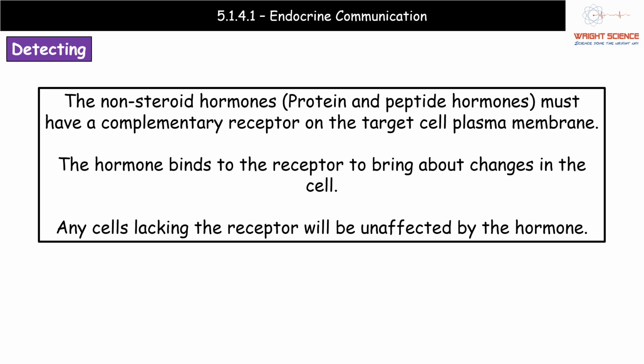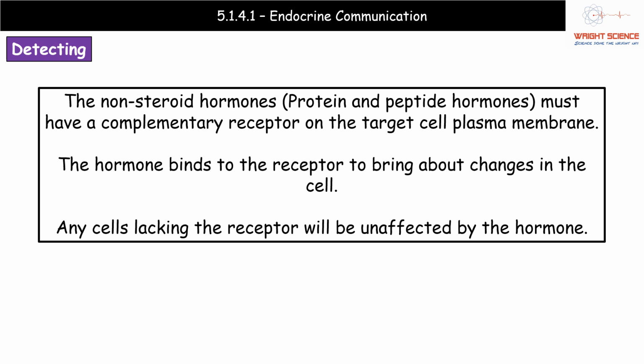If we now have a little focus on these non-steroid hormones, the protein peptide hormones, these must have this complementary receptor on the plasma membrane of the target cell, because remember what we said, they cannot enter the cell themselves. Therefore, as that hormone is circulating in the bloodstream, when it reaches one of those target cells, it will bind to the receptor on the plasma membrane of that target cell, and that then leads to changes inside.